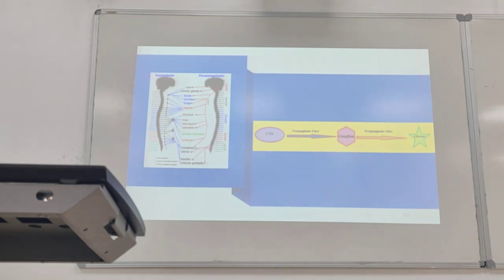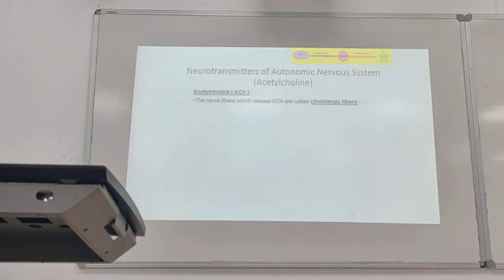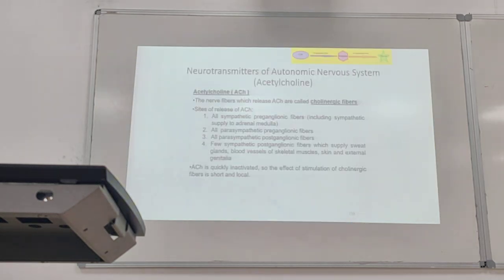But some sympathetic, like the ones supplying the skeletal muscle blood vessels, the blood vessels of the genitalia or the sweat glands, also have acetylcholine. So this is written over here as 4 points.